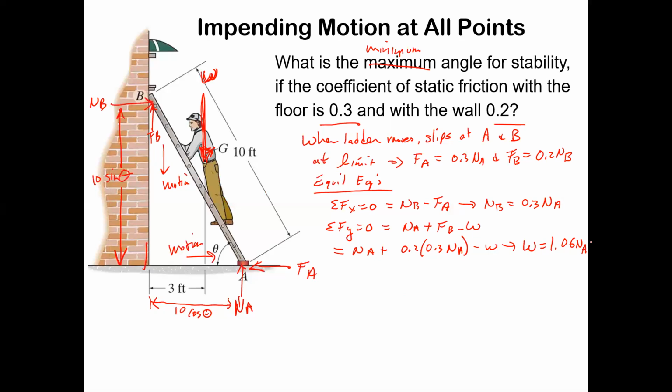So this is helping us reduce some unknowns, right? And have fewer unknowns. And now we're going to do the sum of the moments, say at B. So that's going to equal NA times 10 cosine of theta minus FB times 10 sine of theta.